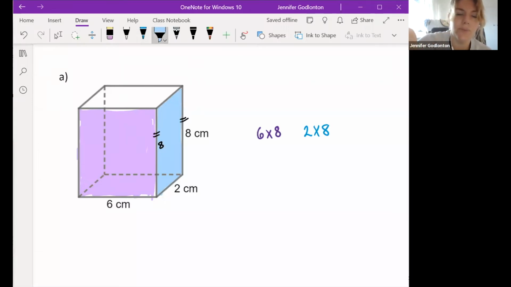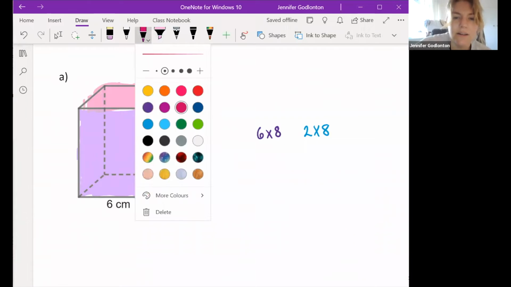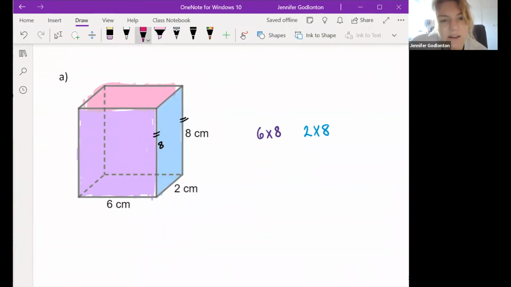Then I'm going to have this pink face up here. This is the one we have to be careful with. We've got to look at our numbers really carefully. What is going to be my area of that pink face? Think about it like this. It would be the same at the top and at the bottom, if that helps. Good. 6 times 2. Good.